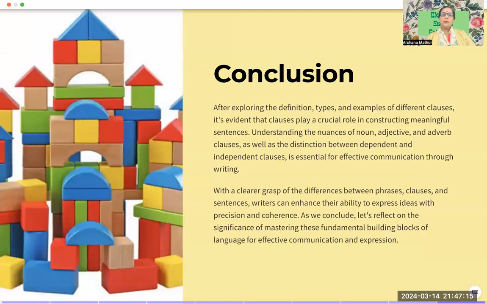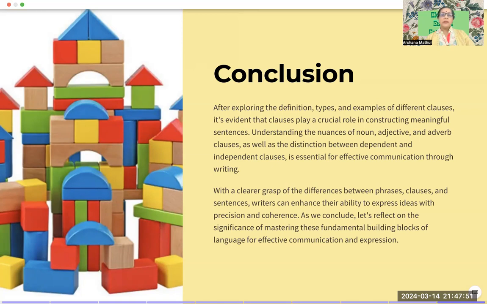So in conclusion, after exploring the definition, types, and examples of different clauses, it's very easy for us to understand that they are very important as far as sentence construction is concerned. We must understand the nuances and importance of noun, adjective, and adverb clauses, and also the distinction between dependent and independent clauses, because it's a very important part of your written and verbal communication.